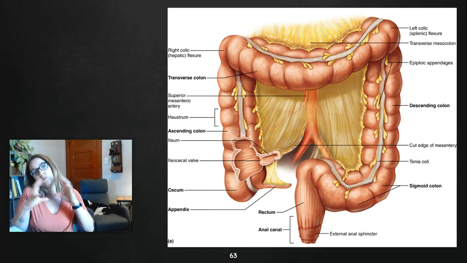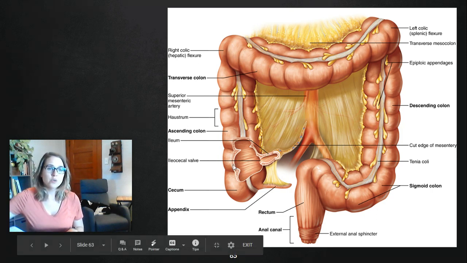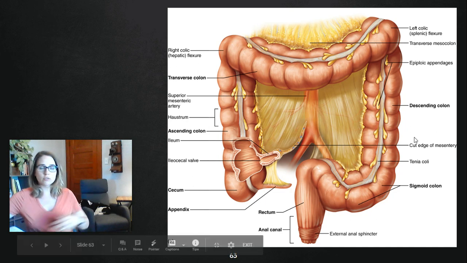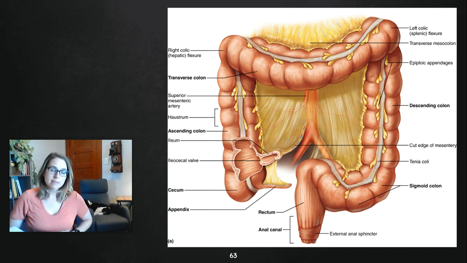If that appendix were to rupture, this entire section here is filled with feces. And so you end up getting essentially like a spray of fecal matter that is then kind of free floating in your abdomen, and you risk infection of your whole peritoneum, that whole covering of all of your abdominal organs.